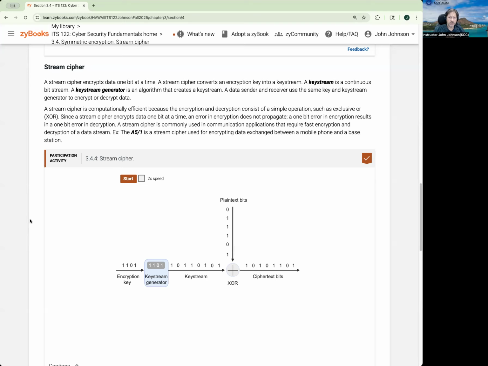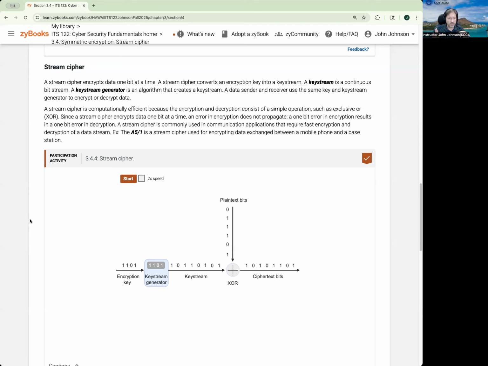Since the stream cipher encrypts data one bit at a time, an error in encryption does not propagate. In other words, if you mess up, let's say something happens, there's a glitch in the system for some reason, a 0 gets flipped to a 1 when it shouldn't have been, that error exists only in that one place. It's not going to propagate later on down the line.